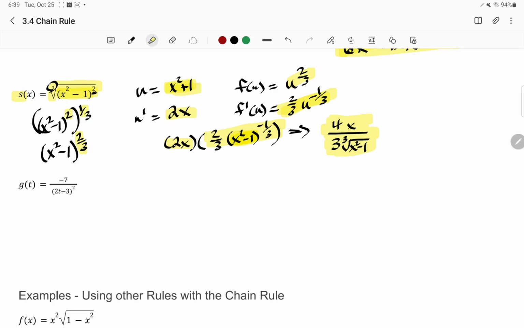Like on the bottom, you could multiply out the 2t minus 3 quantity squared and then use the other methods that we've learned, or you can use the quotient rule, or you can just straight up use the rule that we've been using by taking the 2t minus 3 to the second power into the numerator and making that a -2 exponent. It's entirely up to you. Go ahead and try it one of those three ways and see if we're able to land on the same thing.